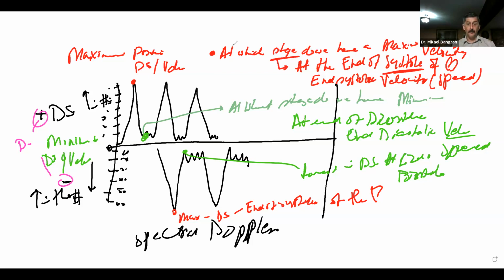But in Doppler, there's nothing wrong with having a negative Doppler shift. There's not going to be a plus point of having a positive Doppler shift, because the plus and minus only indicates the direction of the blood flow. Is it towards the transducer or away from the transducer?